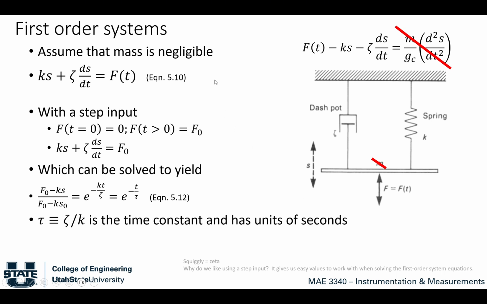A first order system is where we're assuming that the mass is negligible, and that makes these terms in our F equals MA equation go to 0. Now if we give it a step input, we can see what happens.